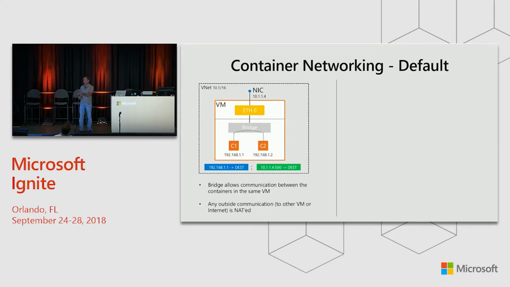So this port right now is dedicated for this container, for example C1, because 192.168.1.1 is going outside. I'm using port 500 for this traffic. So if container 2 wants to go out, I may use port 501 to make it go out. So I use this port redirection mechanism to have things go out.